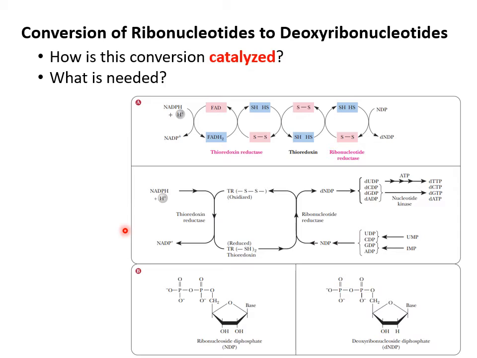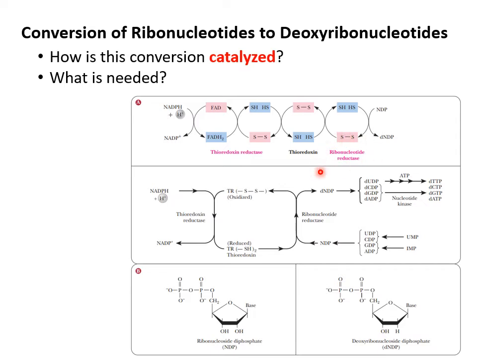And then in this process, not only do you need to have this enzyme present here, but you also need to have, as you can see in this figure, the thioredoxin and the thioredoxin reductase. Okay, so I said circle star highlight because this is the main guy that people associate with this process, the ribonucleotide reductase.